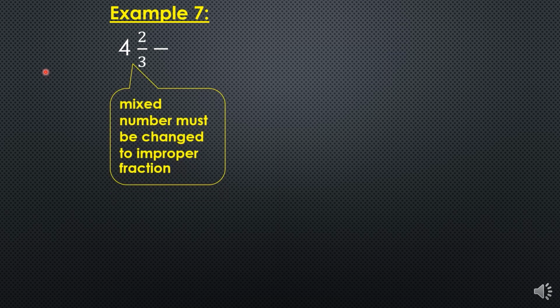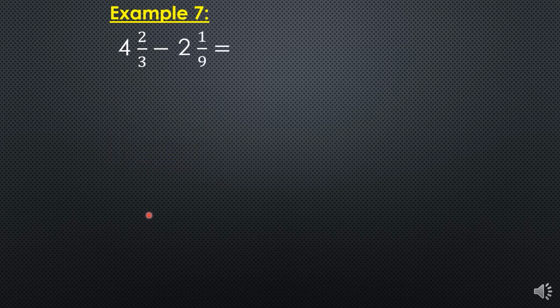Next, let's have example number 7. 4 and 2/3. 4 and 2/3 is a mixed number. A mixed number must be changed to an improper fraction first. Okay, remember that. 4 and 2/3 minus 2 and 1/9 equals, let's change first to improper fractions.